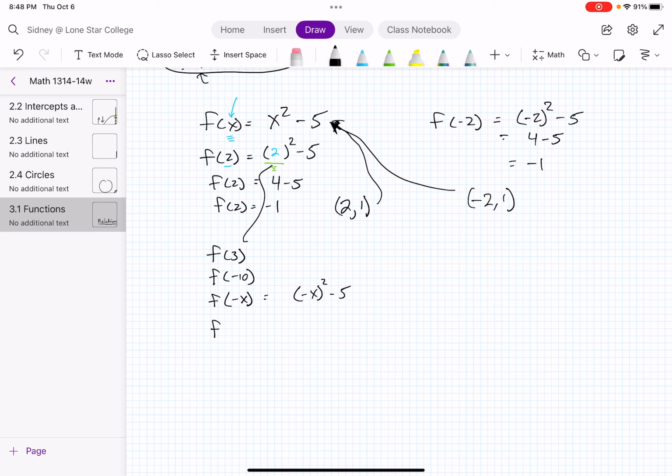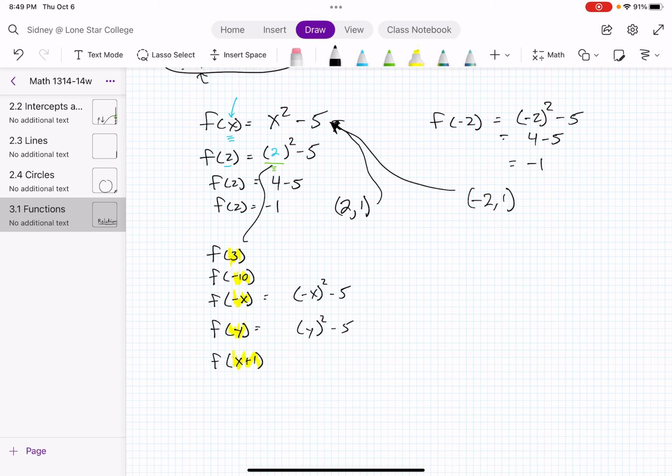I could say f of y. Plug in y. So that becomes y squared minus 5. I could put in full-blown ugly algebra and say x plus 1. Whatever we plug in, even if it's ugly.